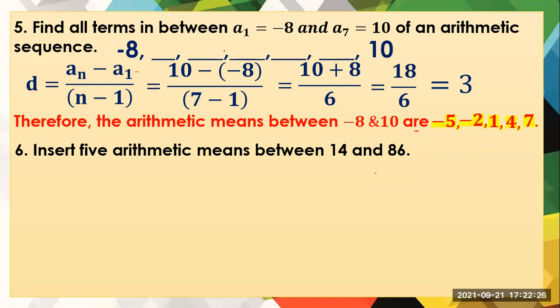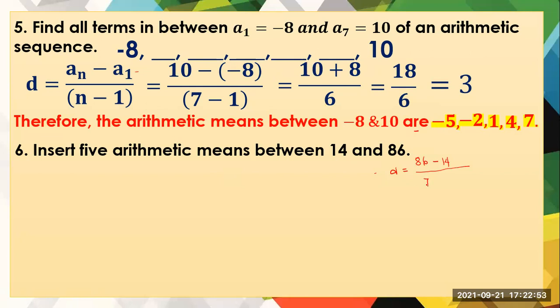Let's find the common difference because it's more than one arithmetic mean. The common difference is equal to the last term minus the first term, divided by the position of the last term minus 1. For this case, the position is 7, because you have 5 arithmetic means plus the 2 ends.